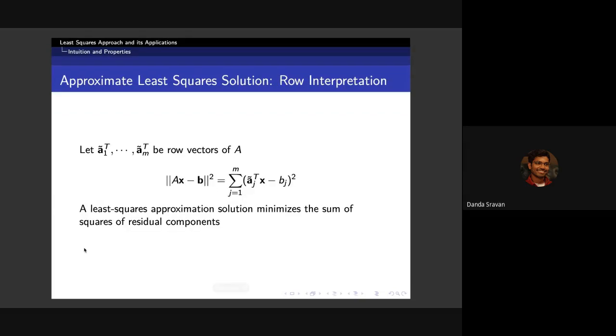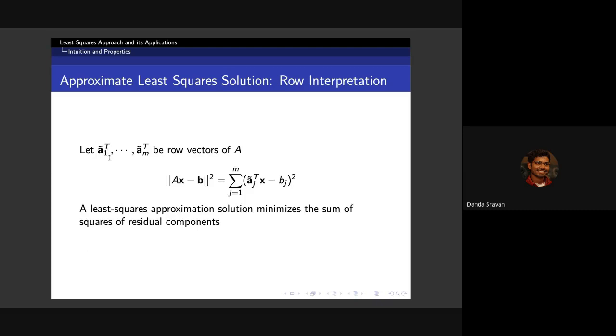So before we look at what a least squares solution gives, let's try to understand what it does. So if I write the row vectors of A as a1 tilde transpose and so on. So by the way, usually the alphabets a1 and so on are reserved for column vectors. So that's the reason I have used this transpose notation here.